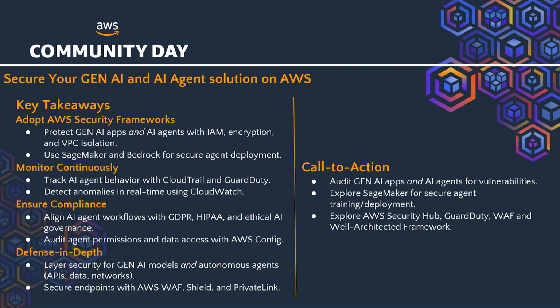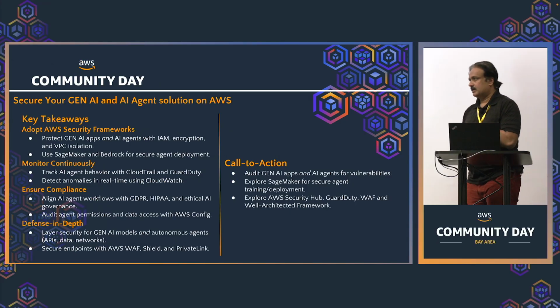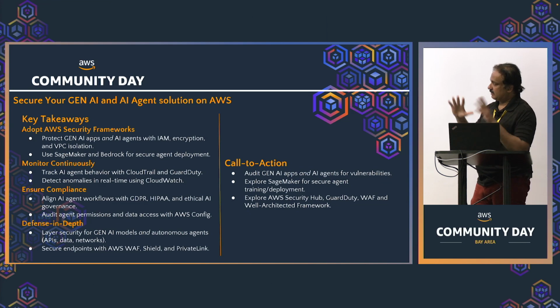Basically use all of the AWS services like Security Hub, GuardDuty, and WAF to monitor and track everything that is going on within your infrastructure. And use Security Hub also. Security Hub is not mentioned in this slide. Feed everything to GuardDuty and GuardDuty into Security Hub to be able to visualize centrally.